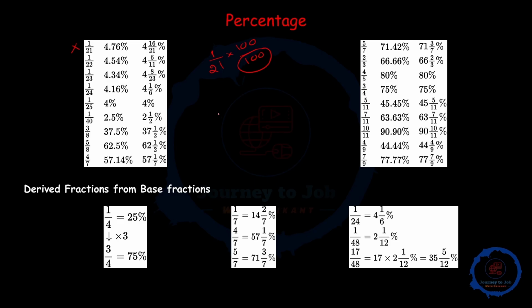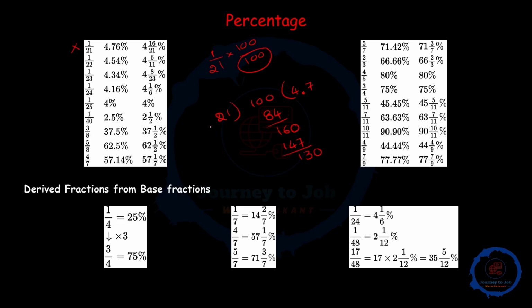So simply divide 100 by 21, you will get the percentage value. 21 fours are 84, remainder 16. Okay, point. If you place the point here, you will get 0. Basic calculation this is. Next 21 into 7, 20 into 7 is 140, plus 7 is 147, remainder 13.